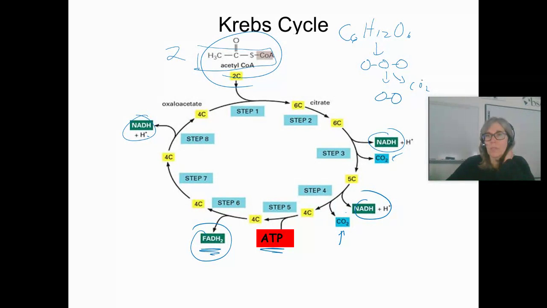You've already broken off 2 CO2s because there's 2 pyruvates, right? And then you have 2 of these. They go through this whole cycle twice, which means 2 times 2 is 4. So instead of 2 carbon dioxides, now we've got 4 carbon dioxides, altogether 6. So that equals the 6 that we started with from glucose.